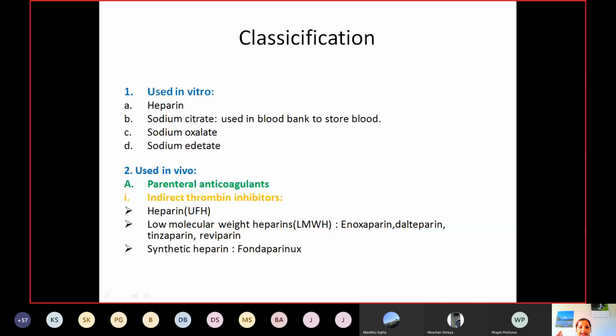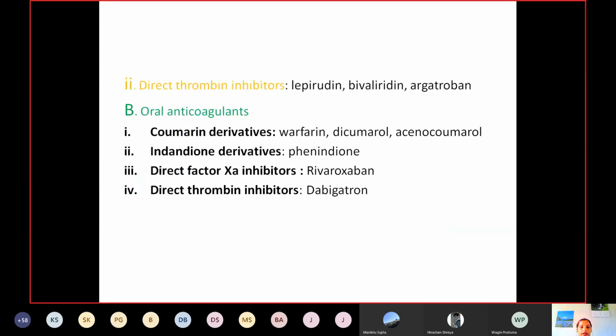We can classify either they can be used by the parenteral route or by oral route. Under parenteral also we have the indirect thrombin inhibitor, direct thrombin inhibitor. Under oral we have different derivatives: coumarin derivatives, indandione derivatives, direct factor 10A inhibitors, and direct thrombin inhibitors. At least you should know one drug in each group.